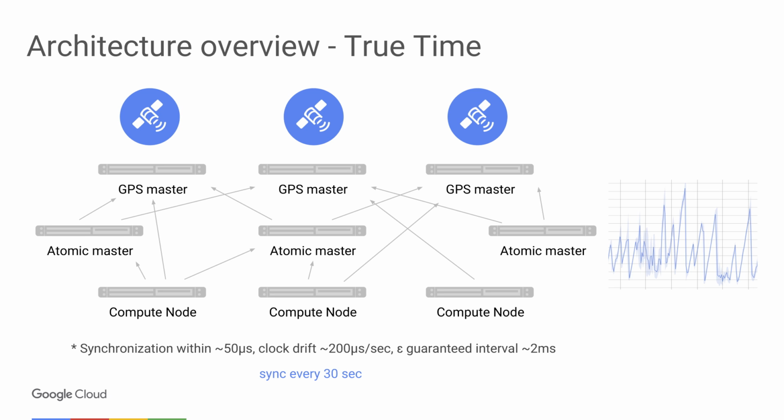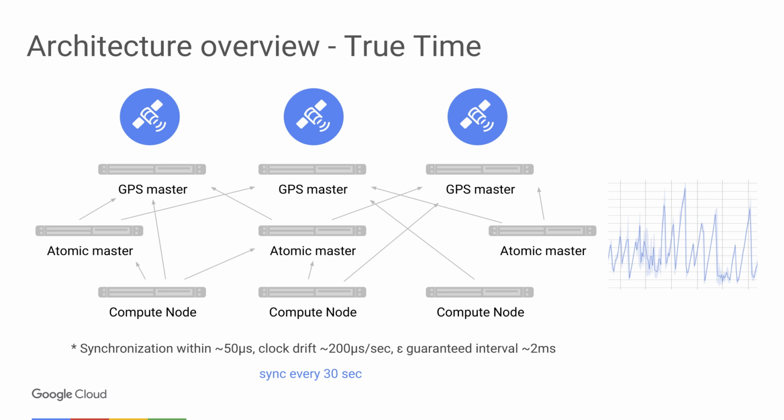And if there's any outlier, we just say, okay, this is a bad time master. We don't trust it. We take it out. But since we have a subset of these time masters, we basically take the majority of that. Now, in normal operation, these atomic clocks drift by about 50 microseconds per second or 200 microseconds per second. And we resynchronize them about every 30 seconds.